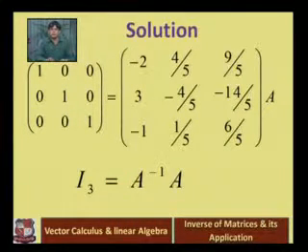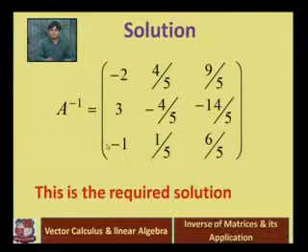Now we observe that the first matrix A is totally converted into the identity matrix, and with the corresponding operations we get another matrix here, which is nothing but the inverse of the matrix A. So that is the answer: A inverse is [-2 4/5 9/5; 3 -4/5 -14/5; -1 1/5 6/5], and that is the required solution.